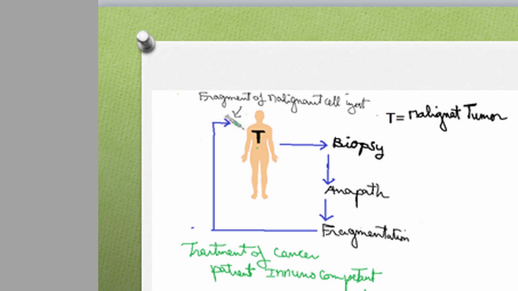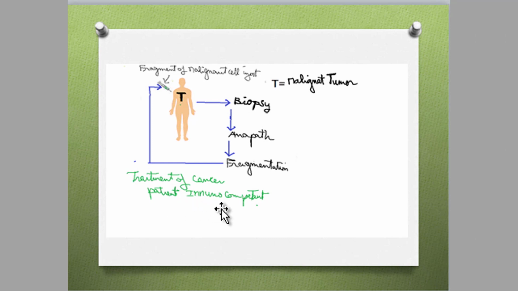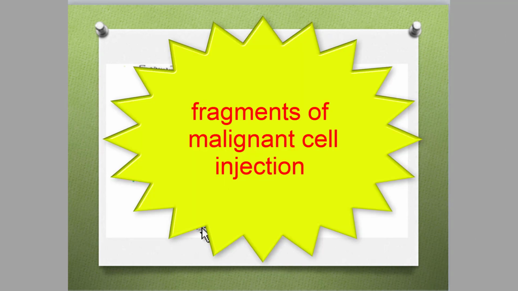So here, cancer treatment for an immunocompetent patient with cancer is by injection of fragments of malignant cells from the same patient.